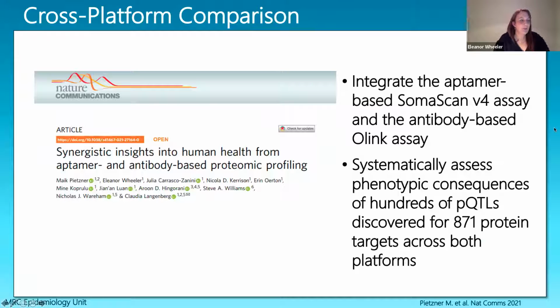I also wanted to say, I didn't really mention the Olink data here, but there's a recent paper published, Mike's the first author, which integrates the SomaScan and antibody-based Olink assays and looks at the phenotypic consequences of hundreds of pQTLs that were discovered for protein targets across both platforms, and at the differences between the technologies, if you're interested.